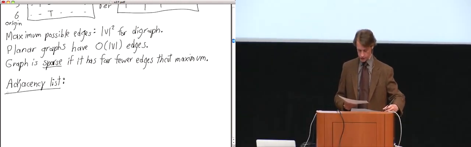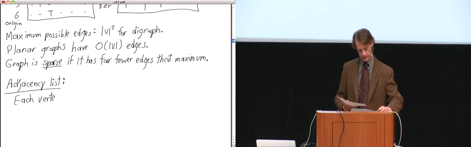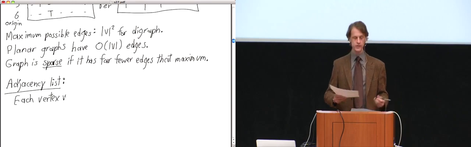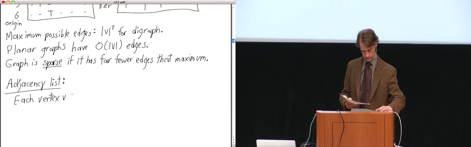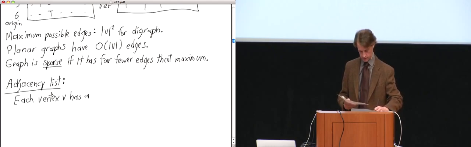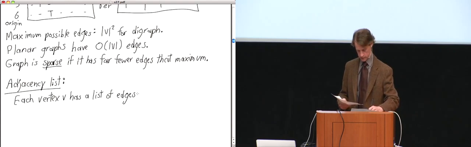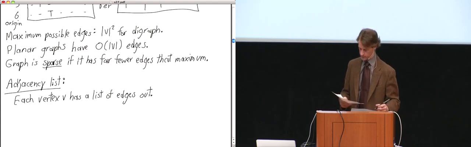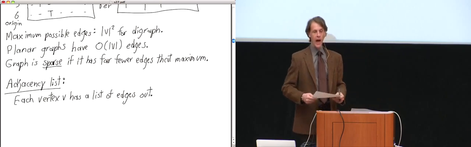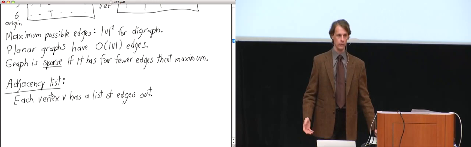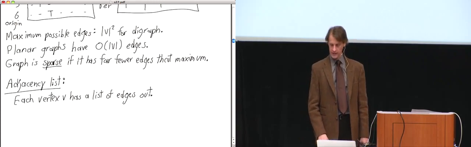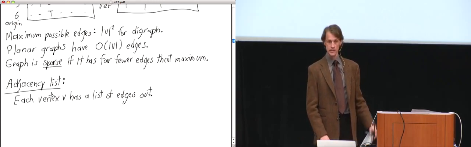And so each vertex v in the graph is going to have its own list of edges directed out from v. And when I say list, you can use any list representation you want. Array lists, linked lists, even binary search trees.